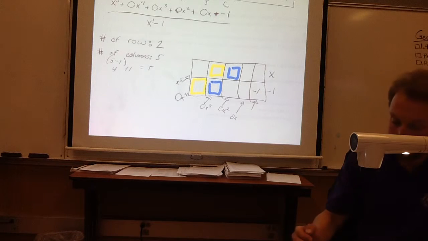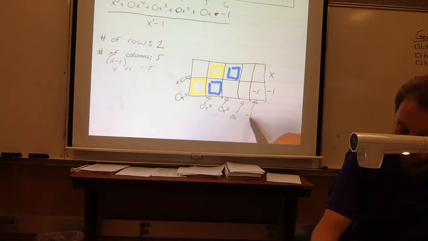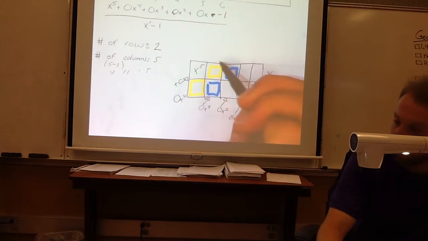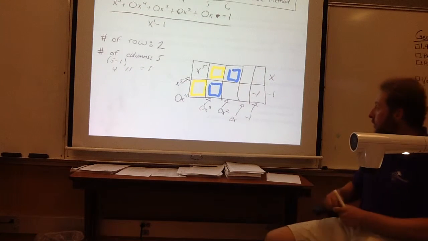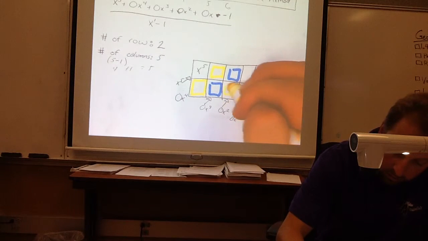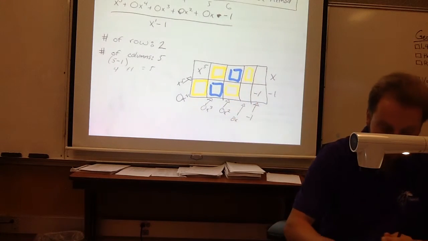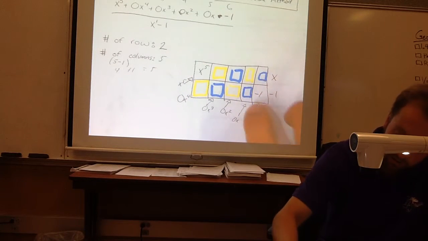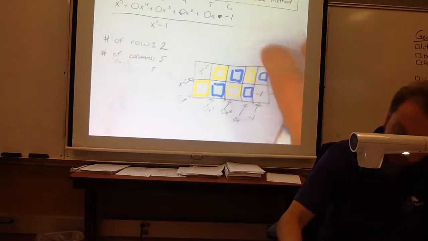And so we know that this is a -1. We know that this is going to be x to the 5th. Why do we know that? They're the only ones in their diagonal. Right, we have these 2, we have these 2, and those 2.